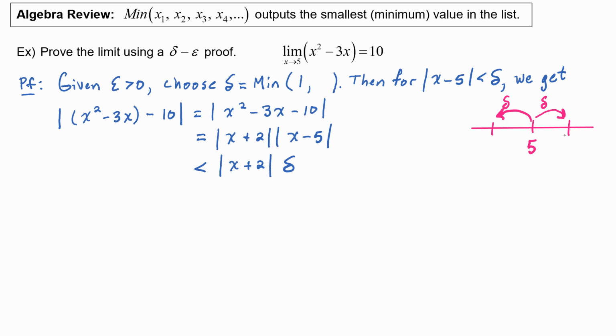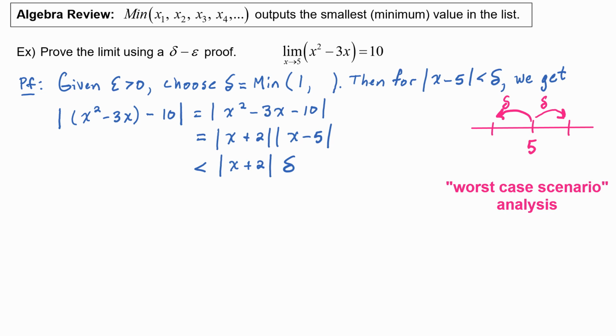We don't know what delta is, but we know that it's actually going to be a tiny number when we're doing limits. Remember, the limit is about x approaching 5, so that means x is getting infinitely close to 5 from the right or infinitely close to 5 from the left. But what we need to do here is some worst case scenario analysis.